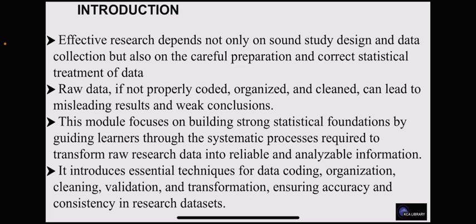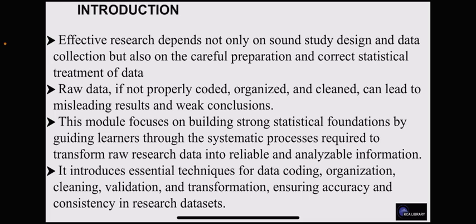Now we also move on to raw data. If raw data is not properly coded, organized, and cleaned, it can lead to misleading results and weak conclusions. If we gather data and don't know what to use it for properly, or it's not properly cleaned, coded, or organized, it can twist the whole conclusion of our research.